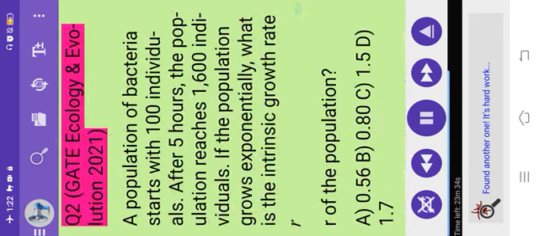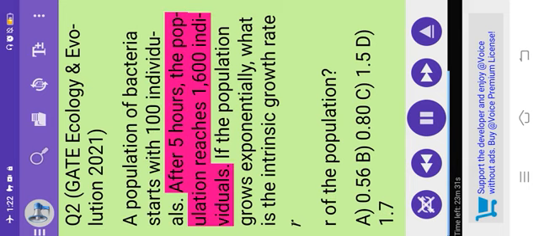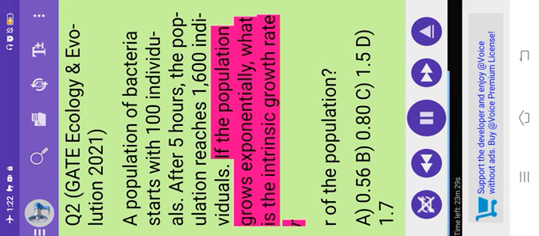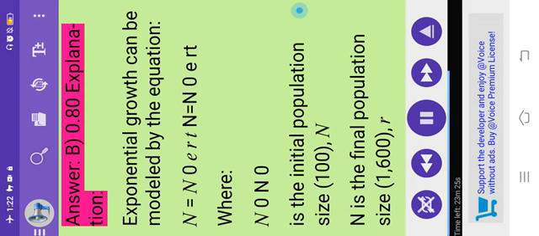Q2, GATE Ecology and Evolution 2021. A population of bacteria starts with 100 individuals. After 5 hours, the population reaches 1,600 individuals. If the population grows exponentially, what is the intrinsic growth rate r of the population? A. 0.56, B. 0.80, C. 1.5, D. 1.7. Answer: B, 0.80.